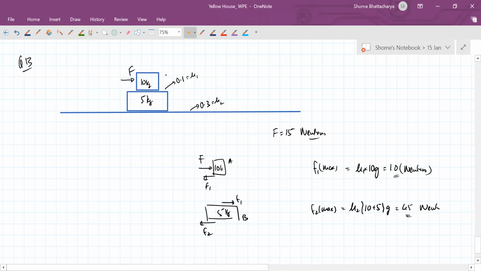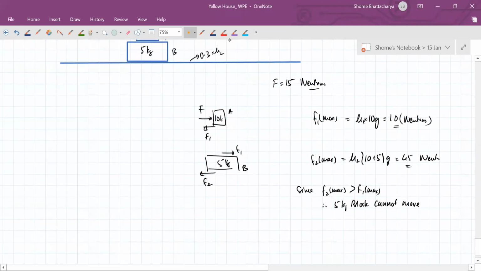If this is the block B, it can never move because there will always be static friction available on the ground. So since F2 max is greater than F1 max, the 5 kg block cannot move no matter how much force we apply on the 10 kg block. So when we apply this 15 newton force, it is exceeding the maximum value of 10 newtons.